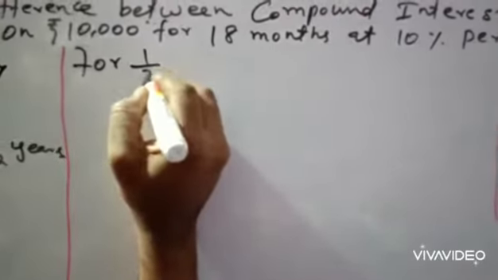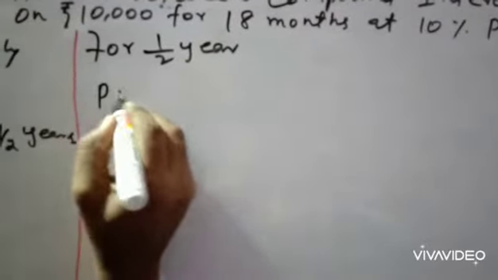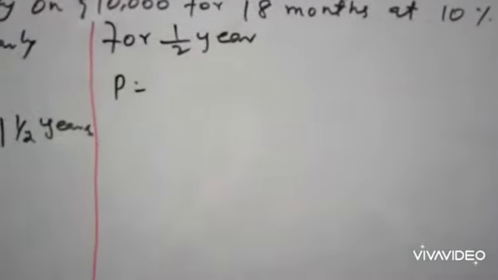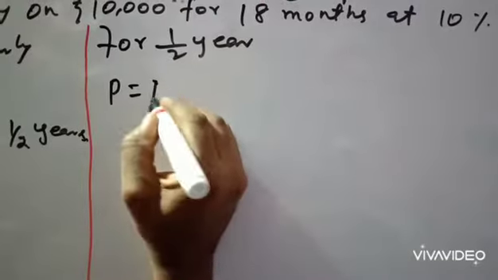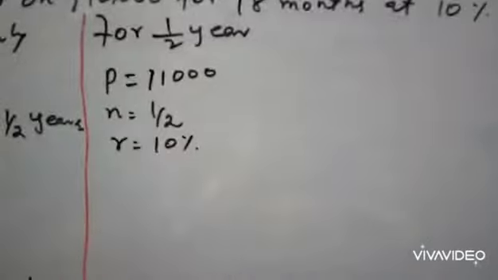For the second, half year, the principal equals the first year's amount, 11,000, and n equals half year, R equals the same rate of interest, 10%.